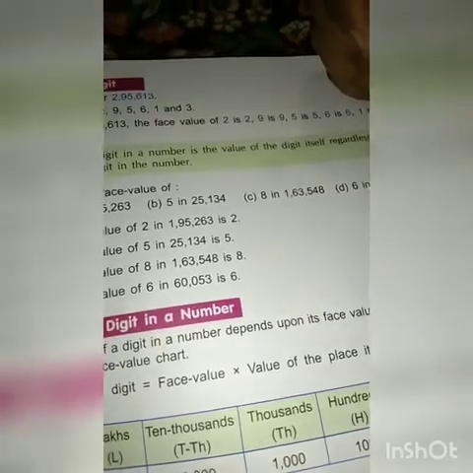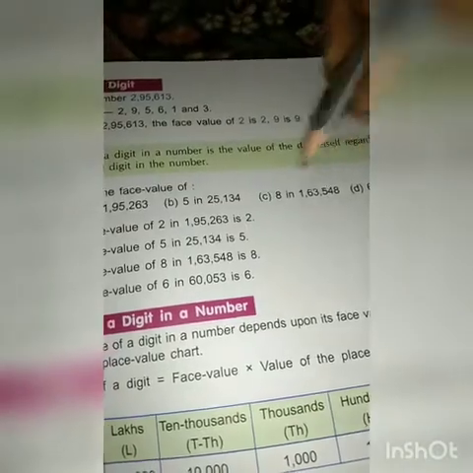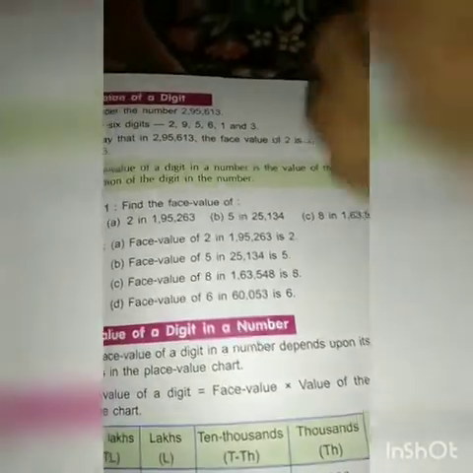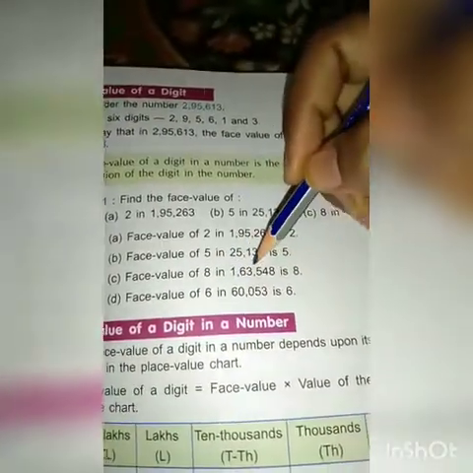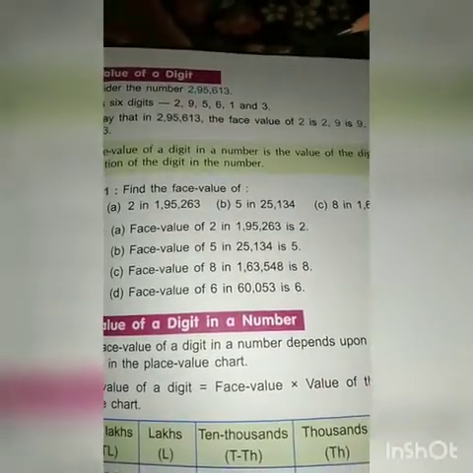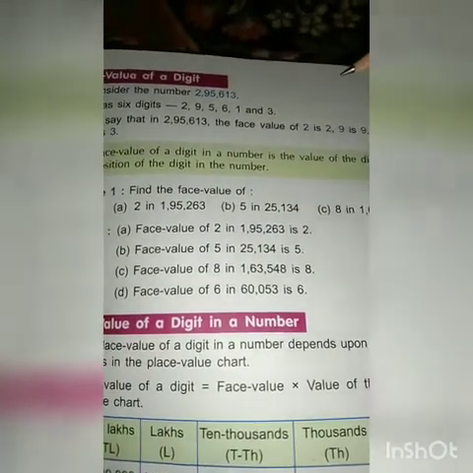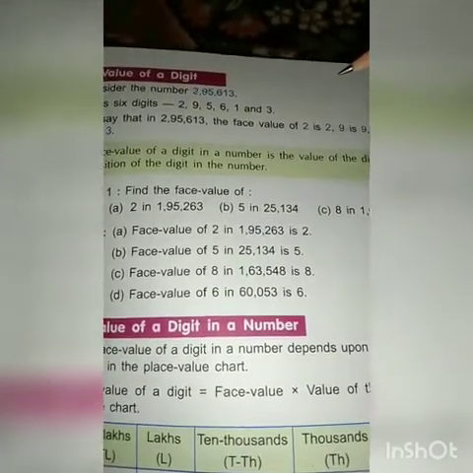I have to tell the face value of 8 here. So, what will be the face value of 8? Face value of 8 in 1,63,548 is 8. The face value of 8 will be 8 in the given number.